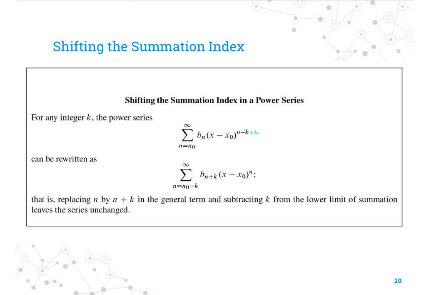But if we add k to the power, we also need to add k to the subscript of b. But much like when we were balancing algebraic expressions, it means that we need to balance it by taking a k away from the index.